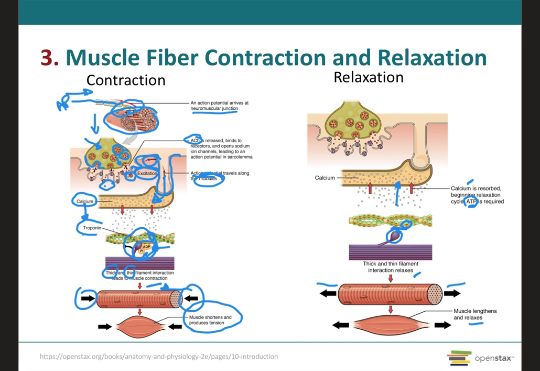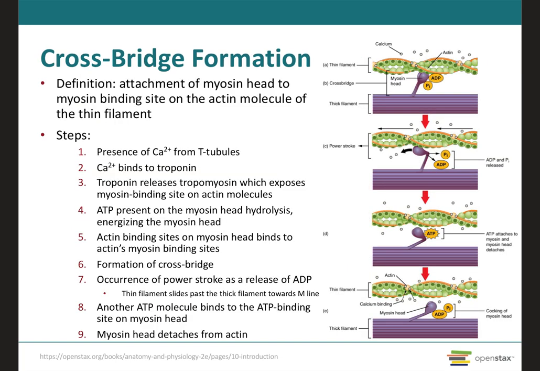Now let's talk a little bit about this cross bridge formation, which basically is when the myosin head binds to the actin molecules. Remember that we had on the myosin head two binding sites, one that was called the actin binding site and one that was called the ATP binding site.